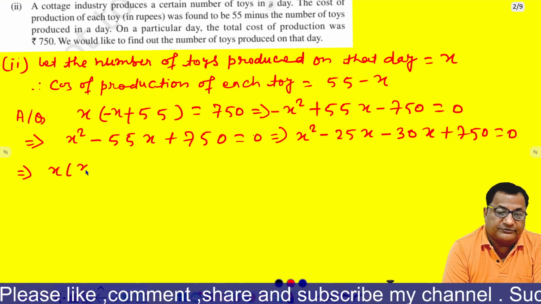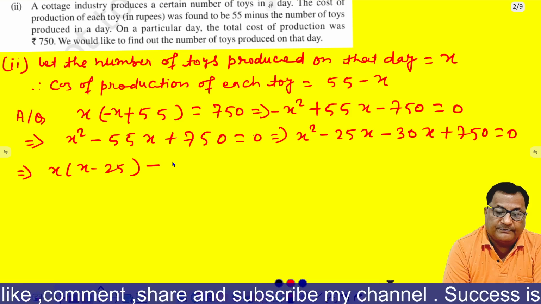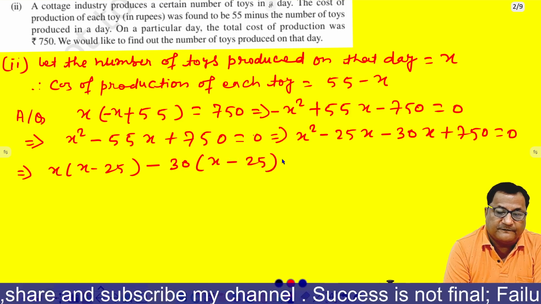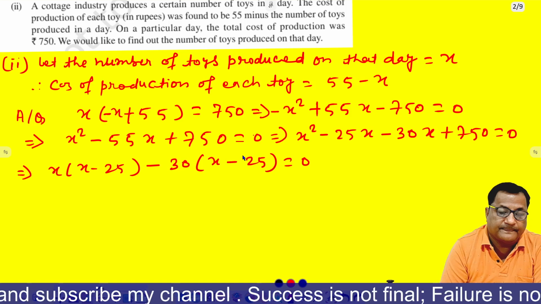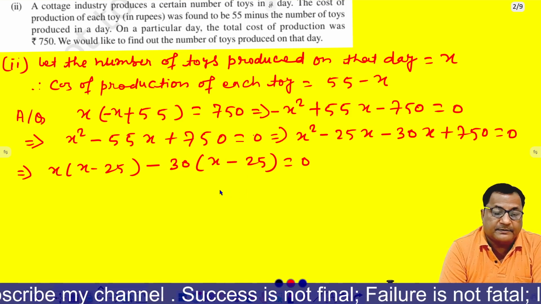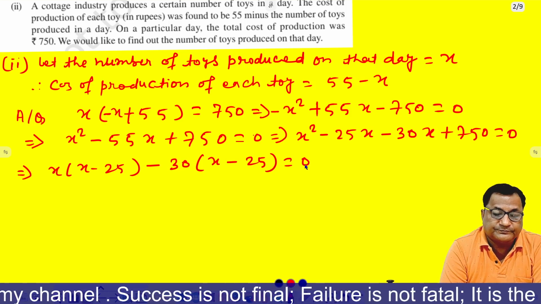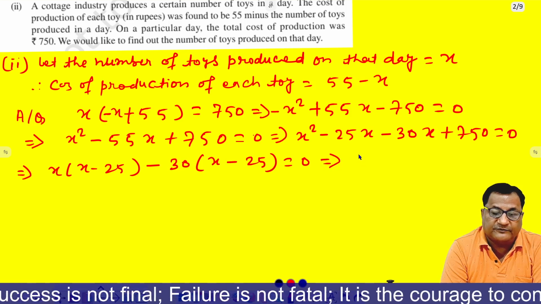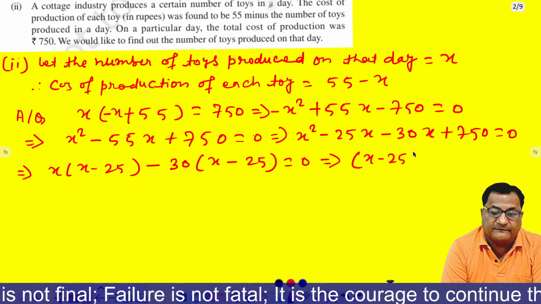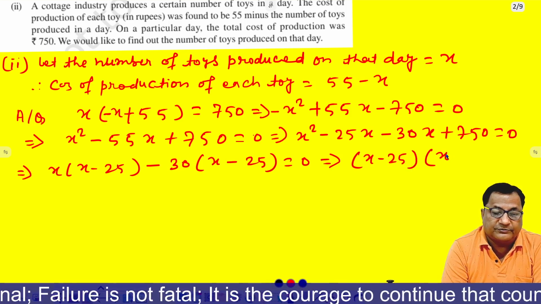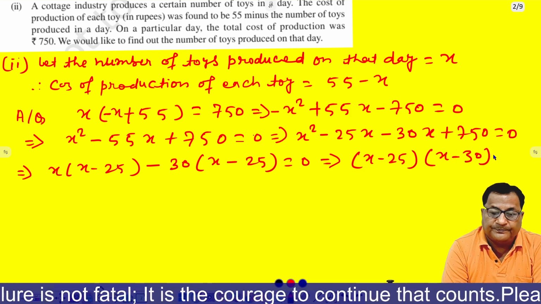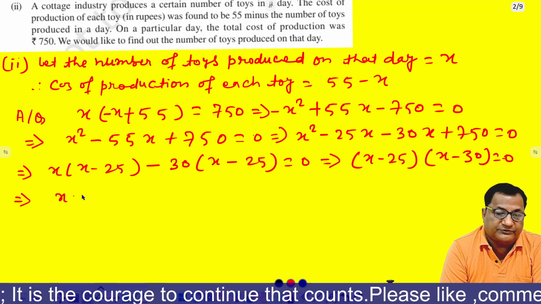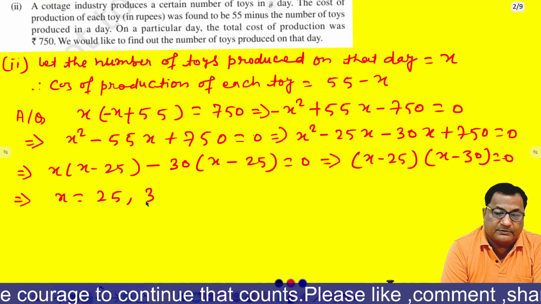X common, x minus 25, minus 30 into x minus 25 equal to 0. We take common x minus 25, then it will be x minus 25 into x minus 30 is equal to 0. So x is equal to 25 or 30.